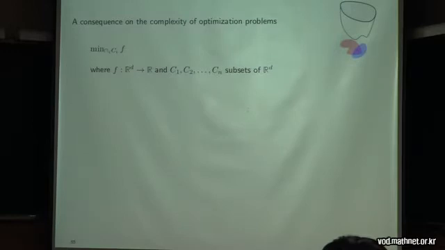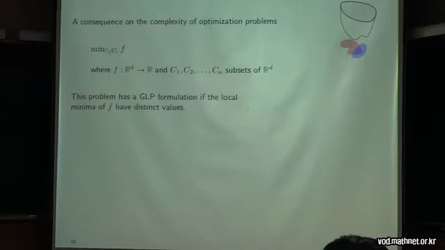But look at this problem. If under a small generic position assumption, so the local minima of f have distinct values, if you just assume that, or even you could relax this by saying that the number of local minima of f with the same value is bounded. For every value, you have at most 10 local minima of this value.